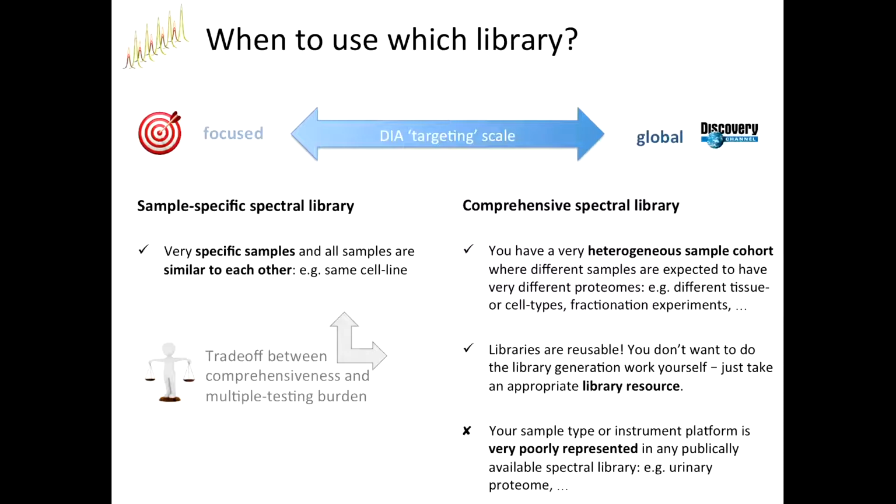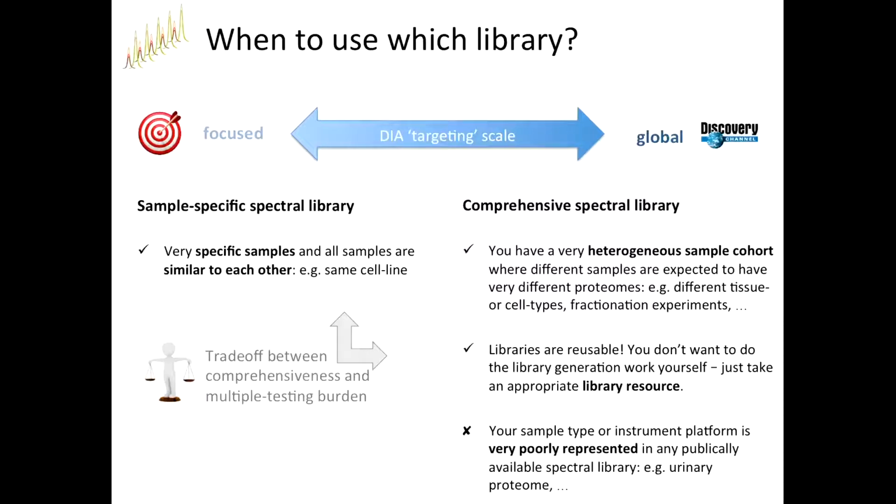However, if you have a heterogeneous sample cohort, you automatically, even if you don't necessarily intend to, have a more comprehensive library, and at this point you have to be aware of this error accumulation and to do the error control properly.